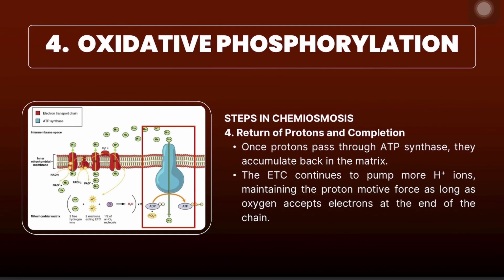So the second to the last step is the return of protons and completion. Once the protons have passed through the ATP synthase, they will accumulate again in the matrix. Meanwhile, the electron transport chain will continue to pump new protons into the intermembrane space as long as the electrons and oxygen are available.